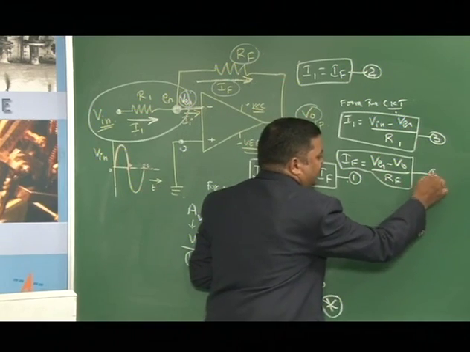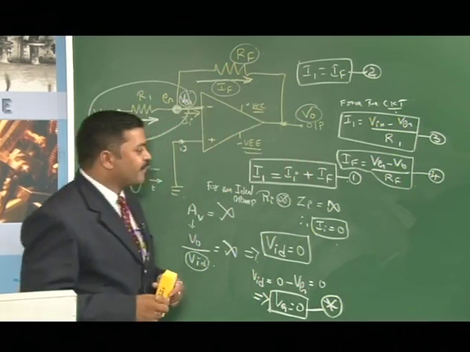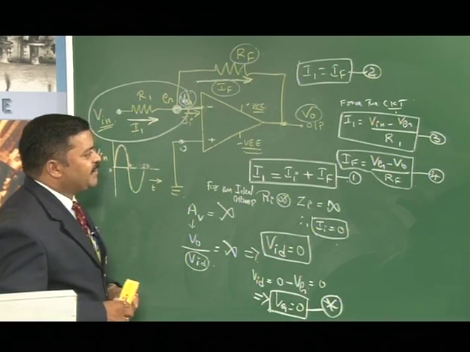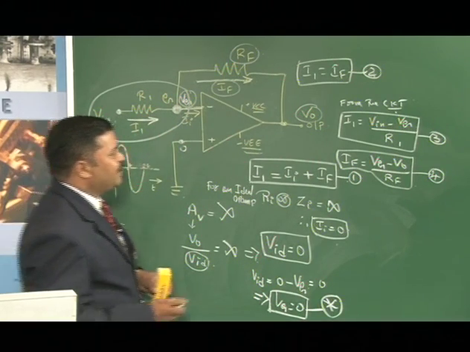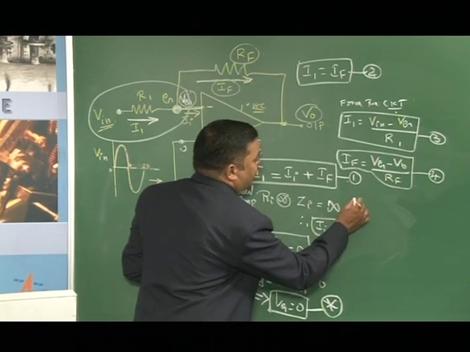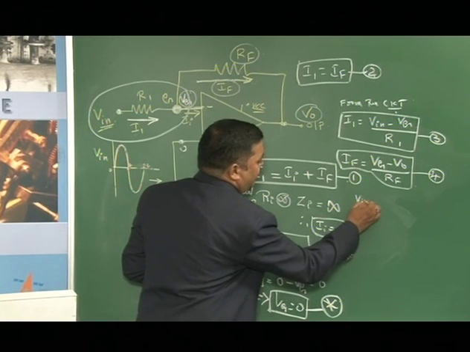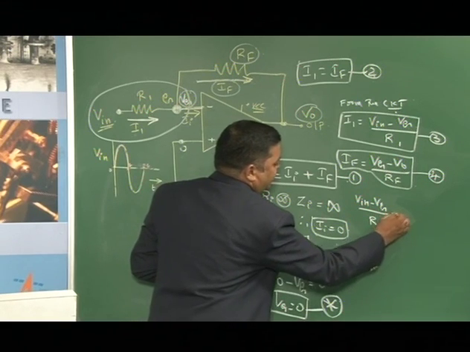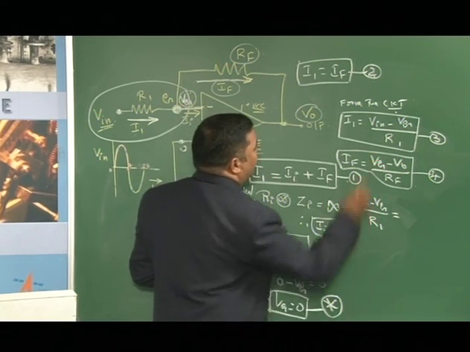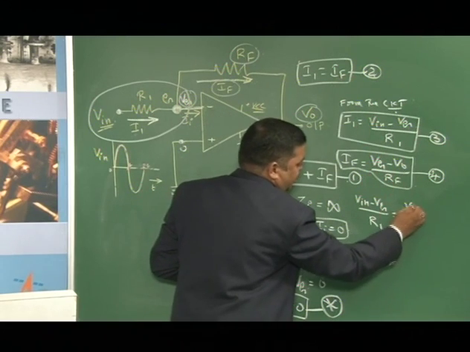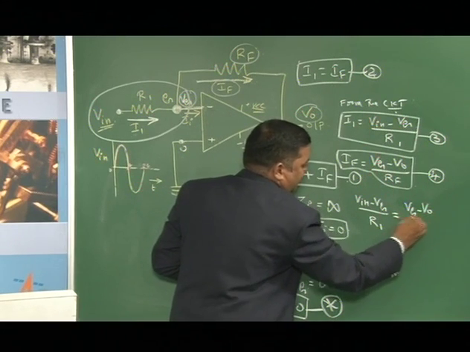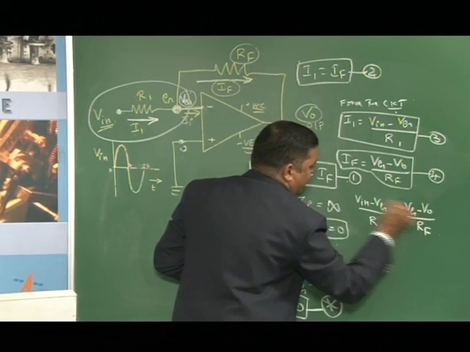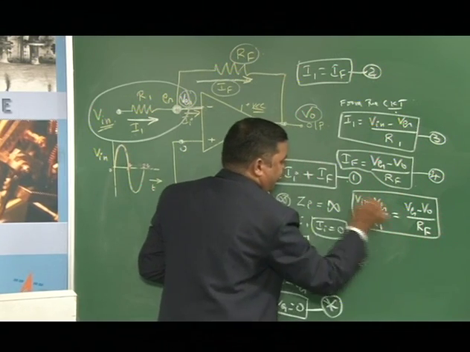So, substituting equations 3 and 4 in equation 2, we get Vin minus Vg by R1 is equal to IF, which is Vg minus V0 by Rf. Let me call this equation 5.